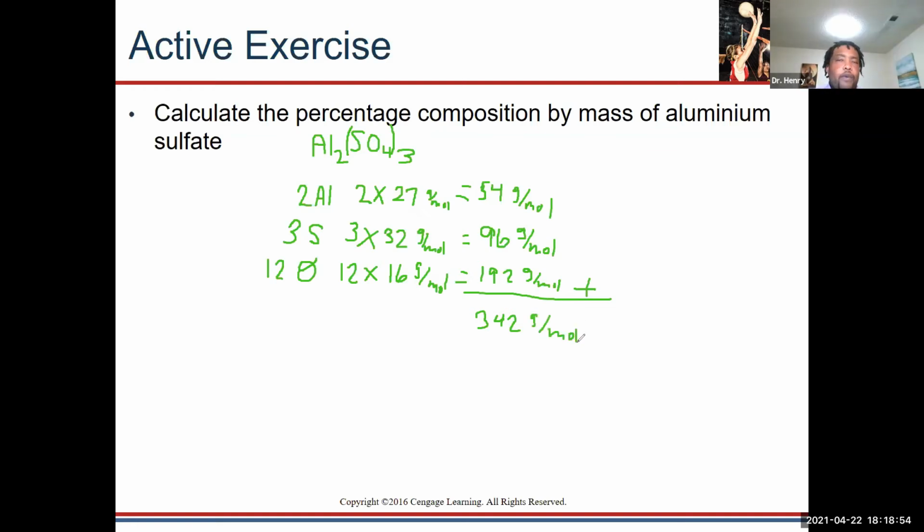Okay, so now we have the molar mass of aluminum sulfate. What am I going to do next? How am I going to calculate the percent composition of each?